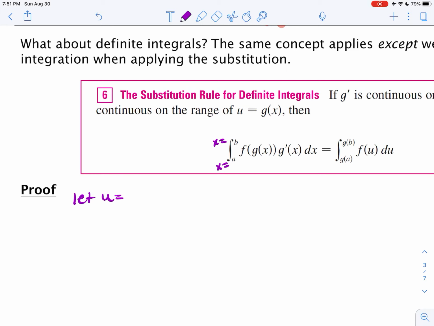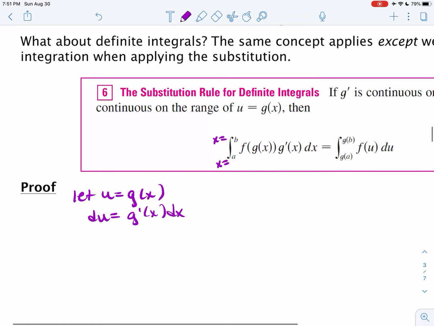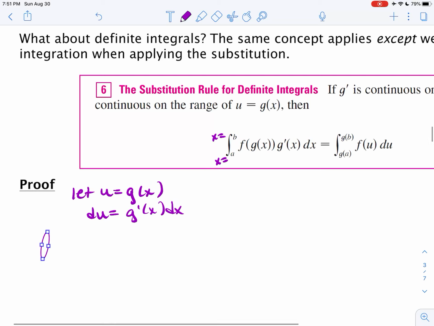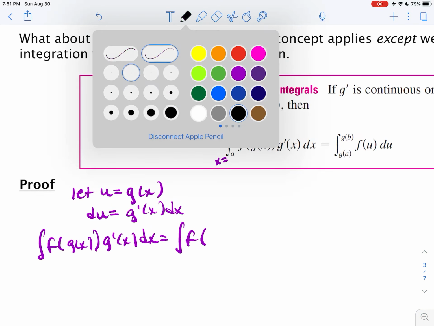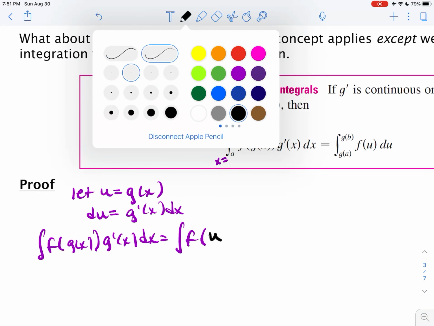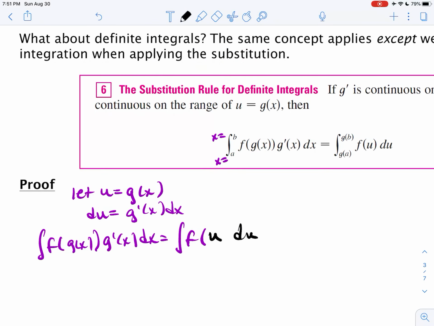So remember, I guess I could just do the proof. If we're going to let u equal g of x, then du is going to be g prime of x dx. And we do see that the integral of f of g of x times g prime of x dx is equal to the integral of f of u du.